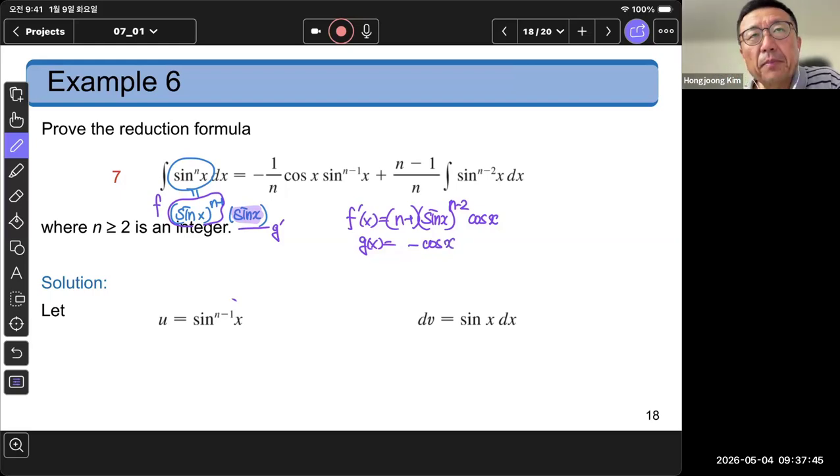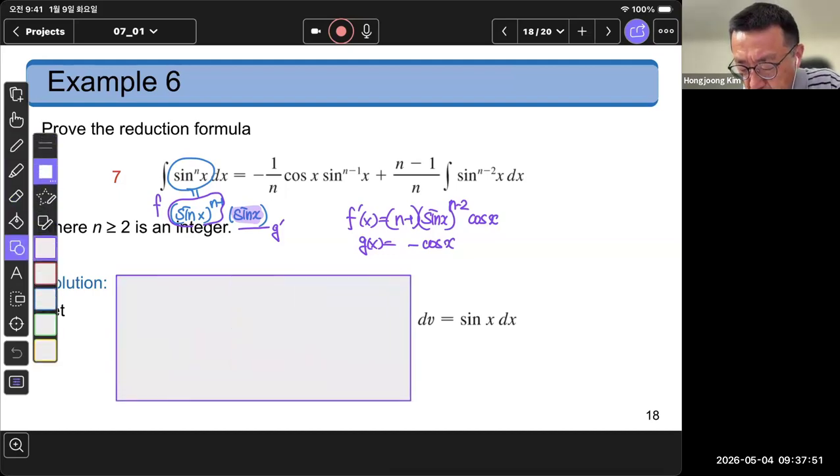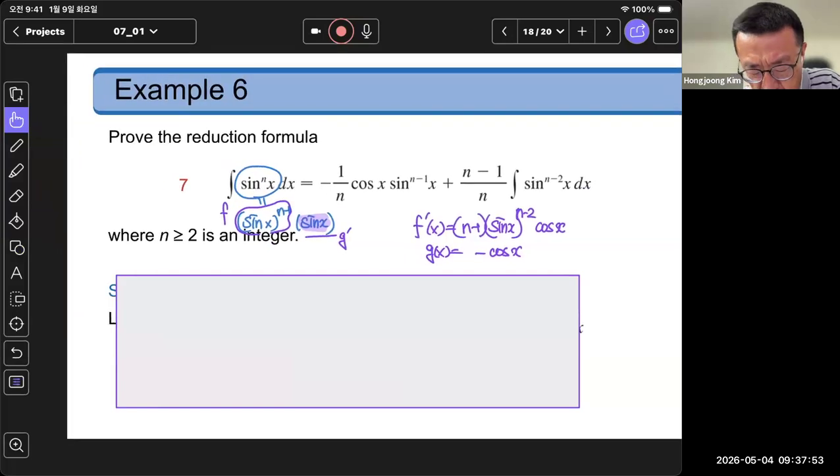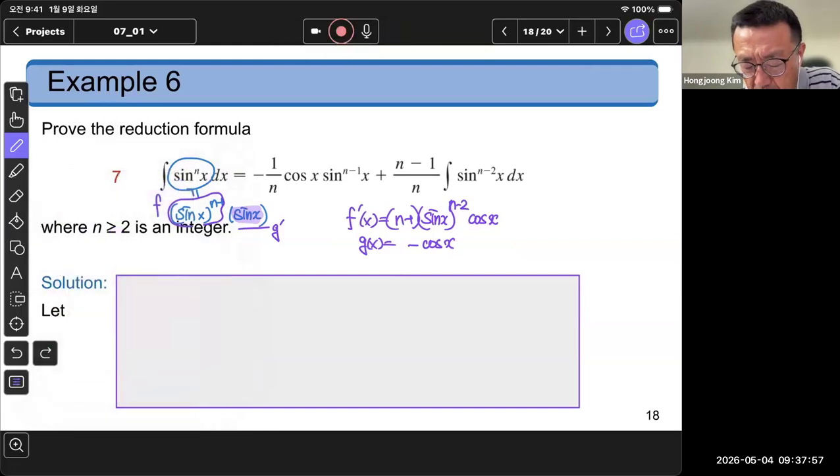Then the integration by parts formula says that will be f of x times g of x minus the integration of f prime of x g of x dx.